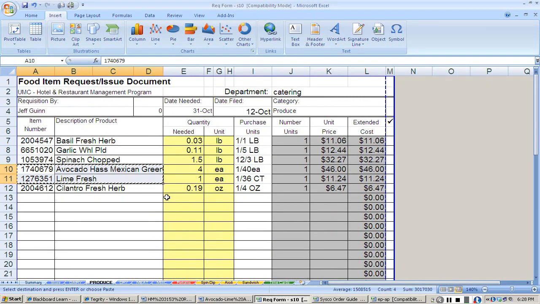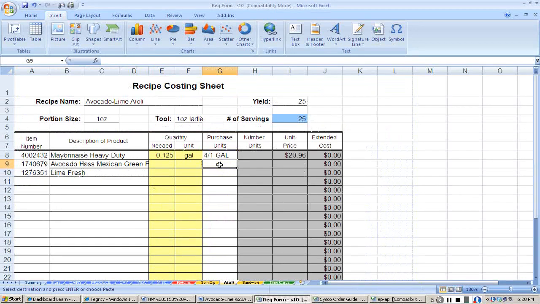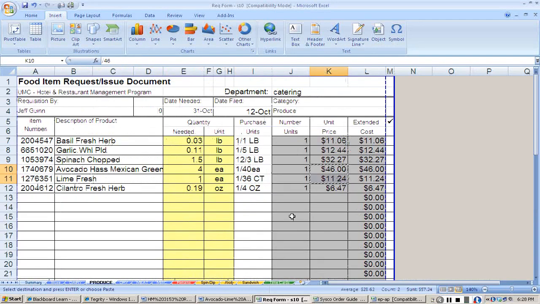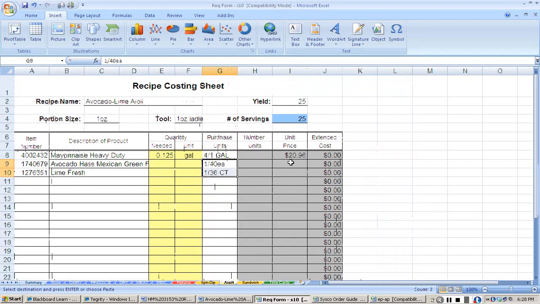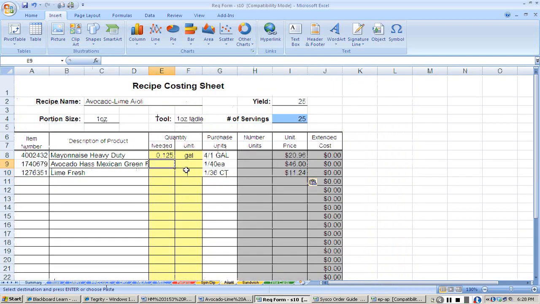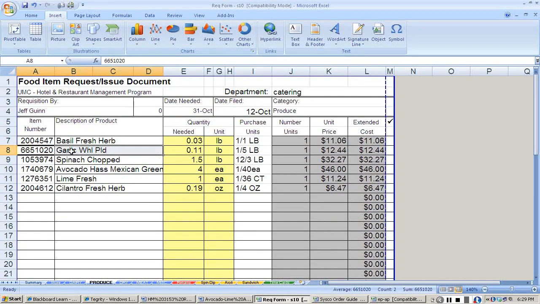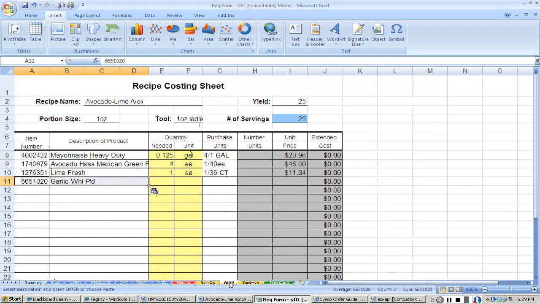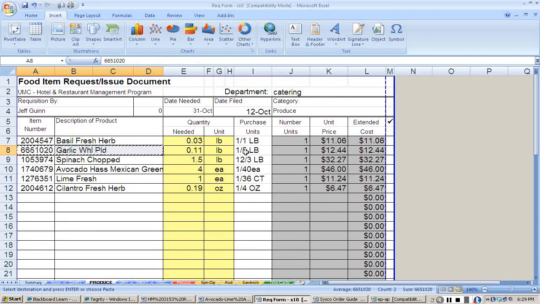We needed 4 avocados and 1 lime. Next up was the garlic. $12.44.